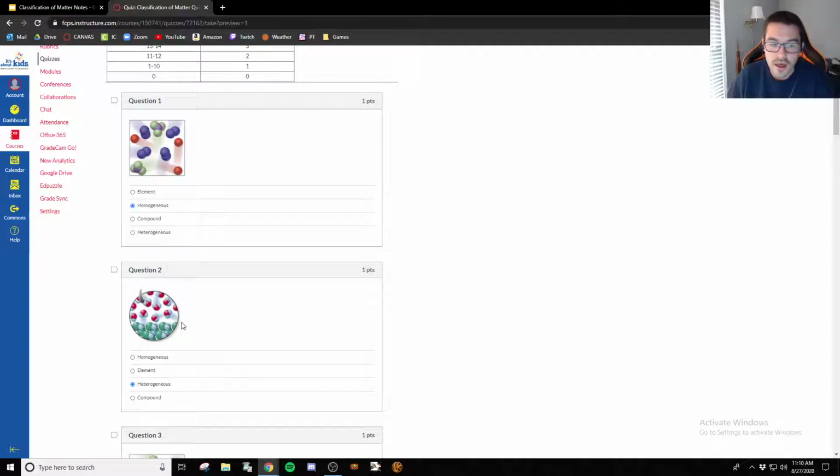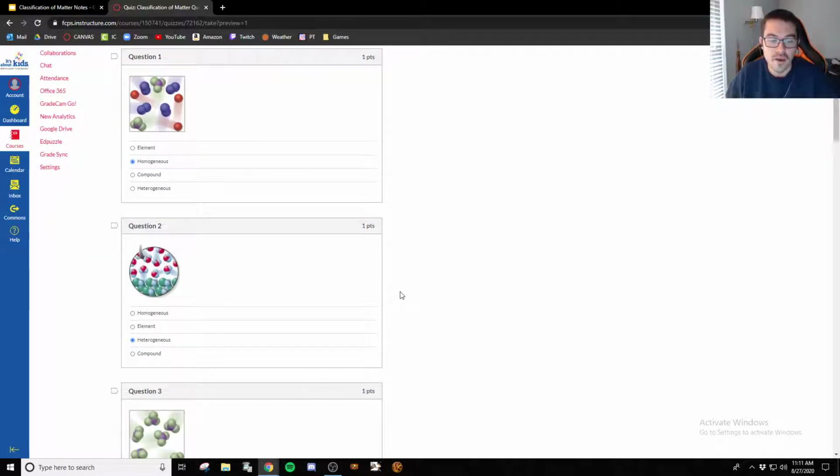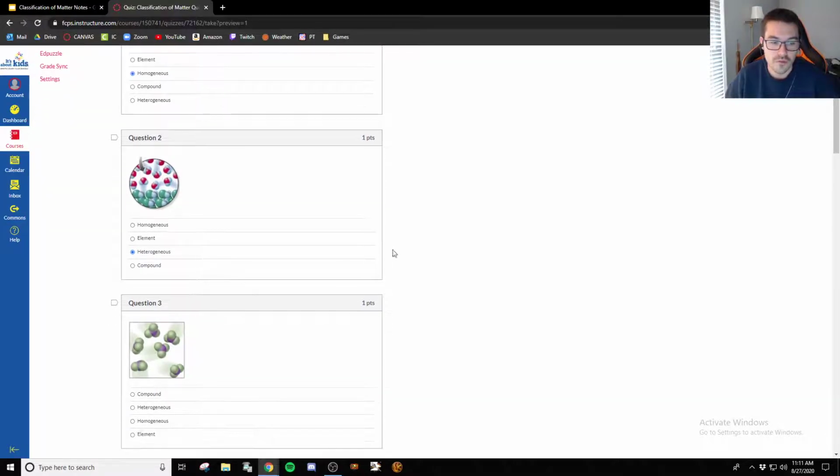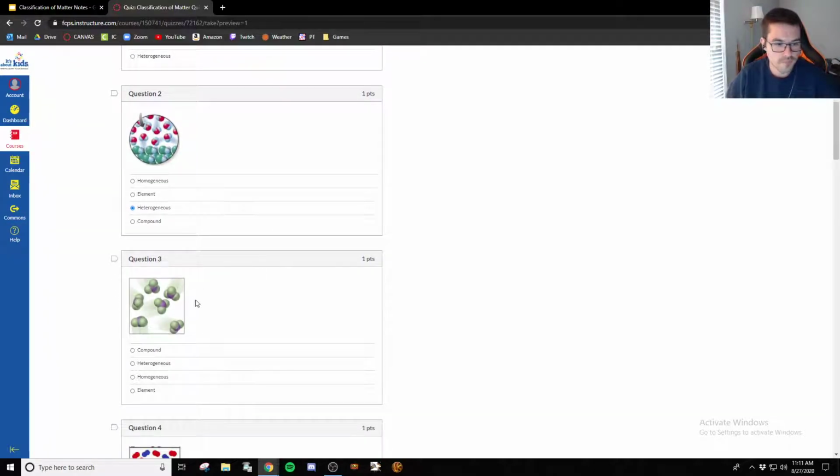If you can do that, or if you can kind of do that in one of these pictures, then it's probably heterogeneous. Okay, and there are a couple of these that are a little bit difficult. Just keep in mind you can do the quiz multiple times, and so you can fix any that you get wrong. And you can also email me or ask me questions during the Zoom meeting today if you have any questions about those.